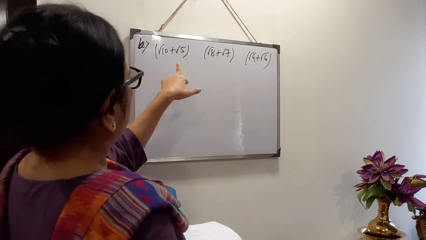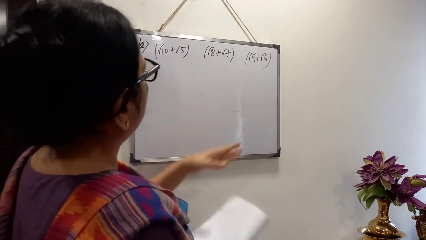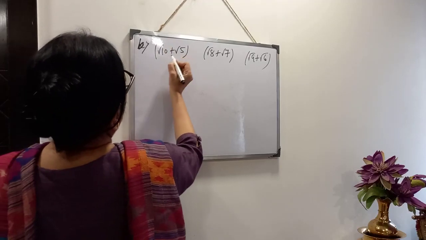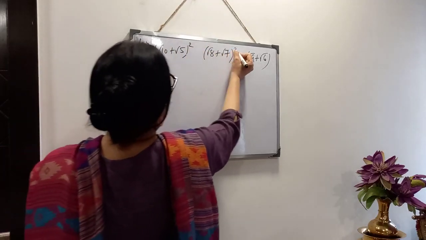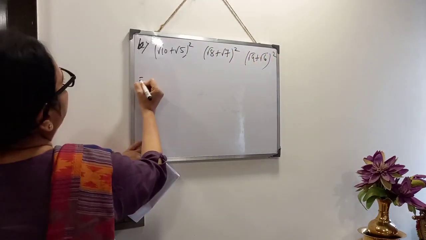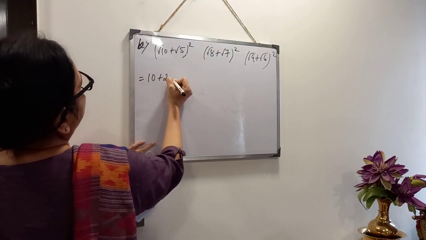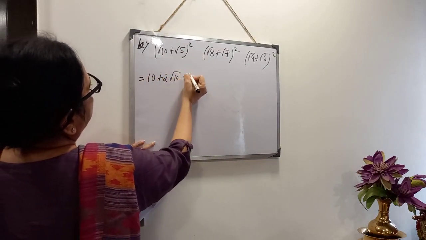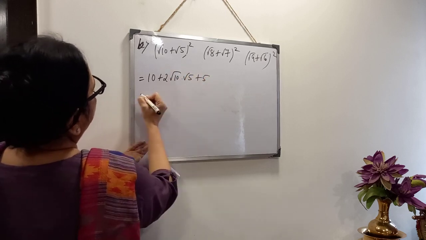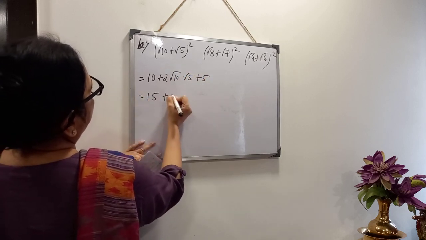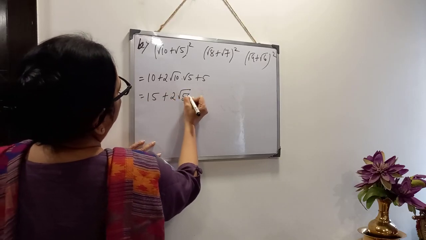It is not possible. So first what we will do is square all the terms. If we square this, it will come a plus b whole square, so a square plus 2ab plus b square. It is coming 15 plus 2 root over 50.